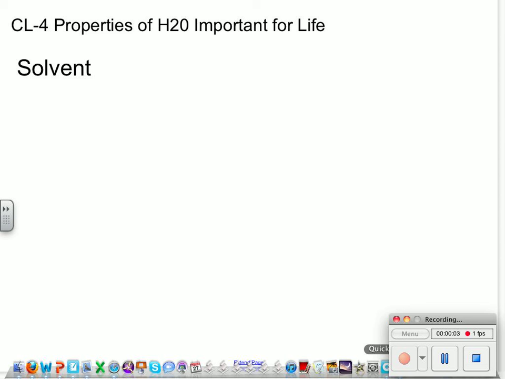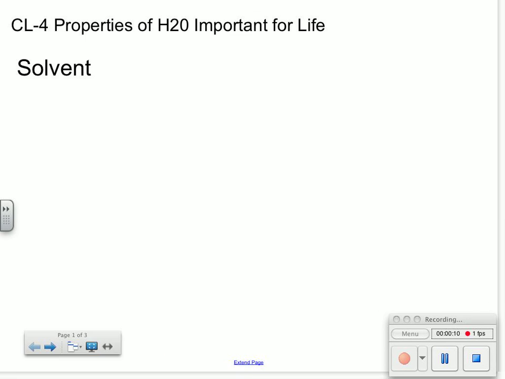Chemistry of Life, Objective 4, properties of water that are important for life. The first one is solvent. A solvent dissolves things.